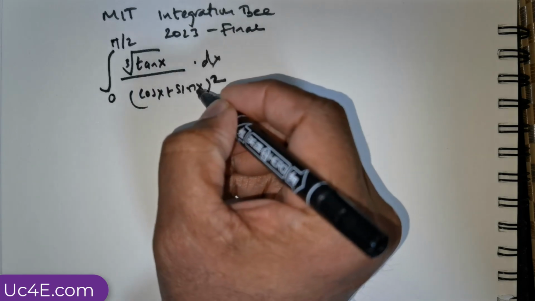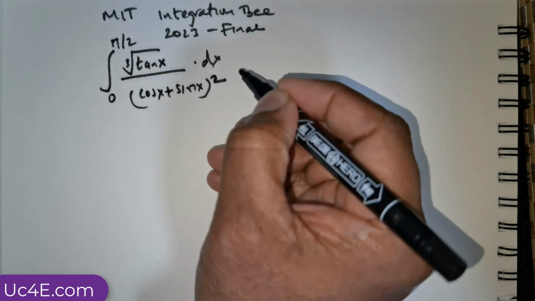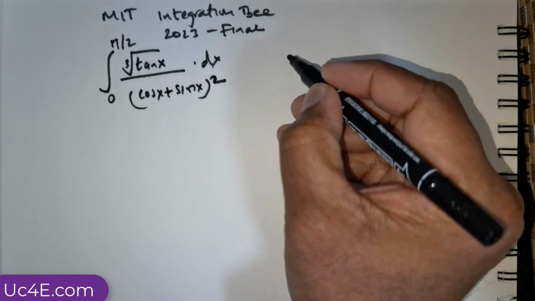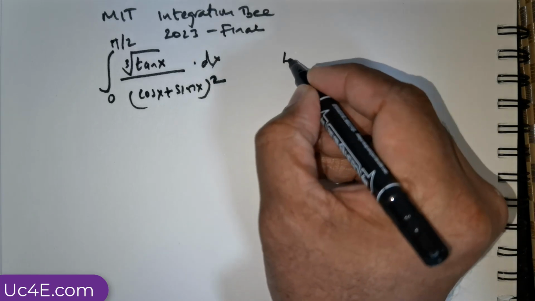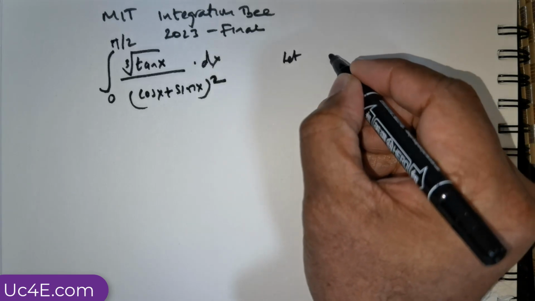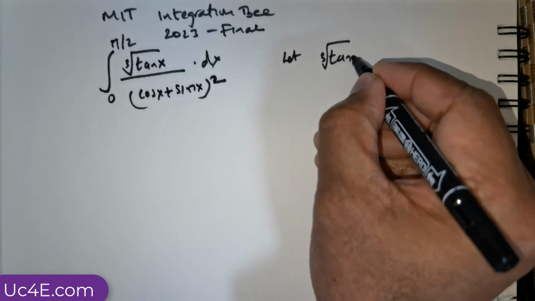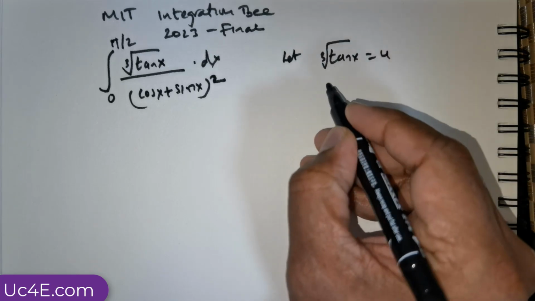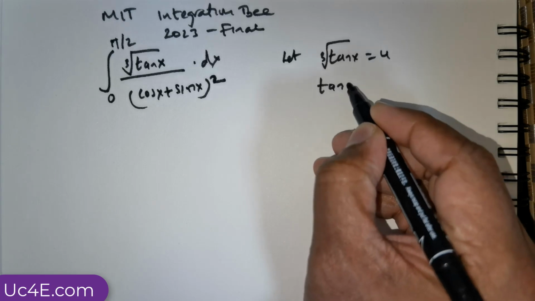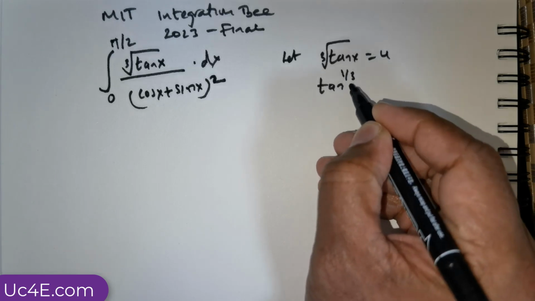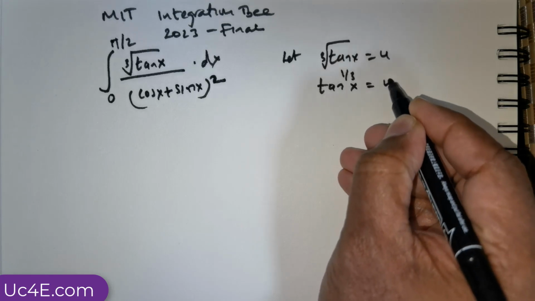Of course, many of you would have known this, but let us see how this question is solved. So foremost, I would like to let the third root of tan x be equal to u. This can be rewritten as tan x raised to the power of 1 over 3 is equal to u.